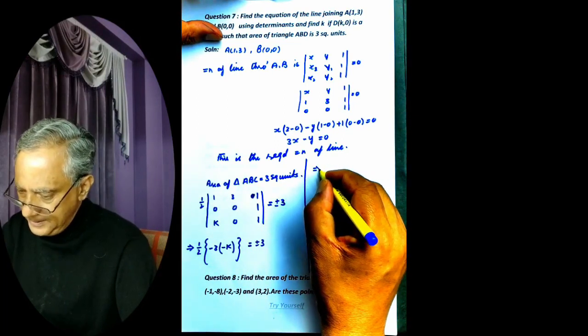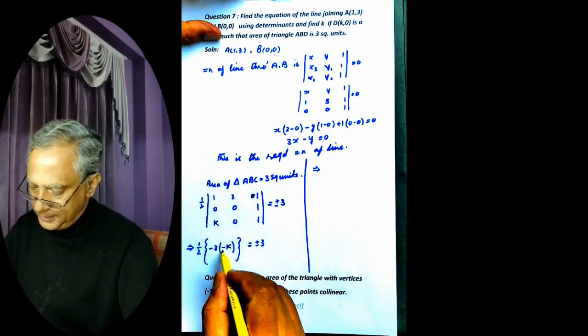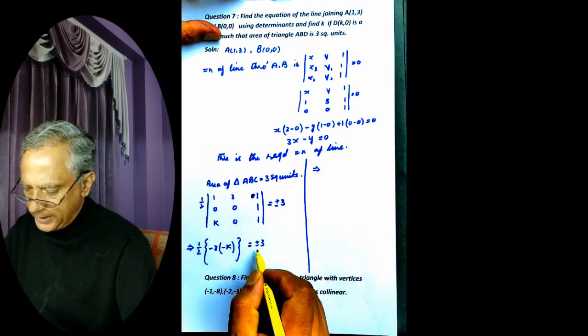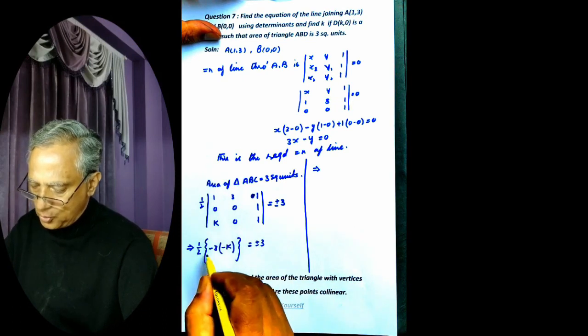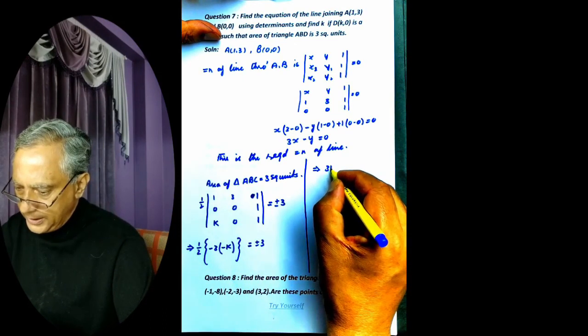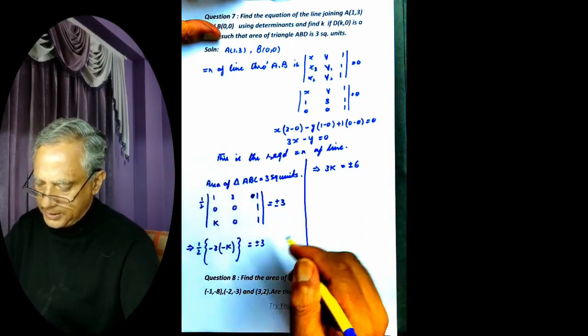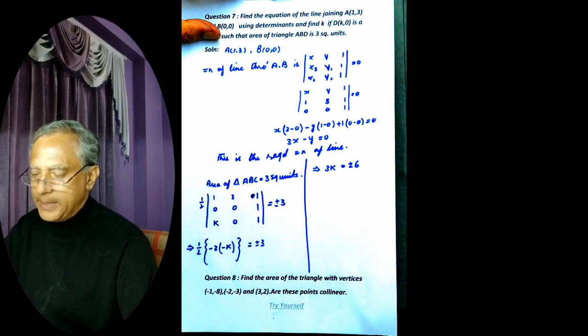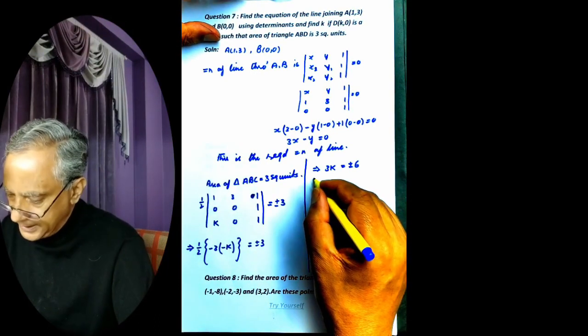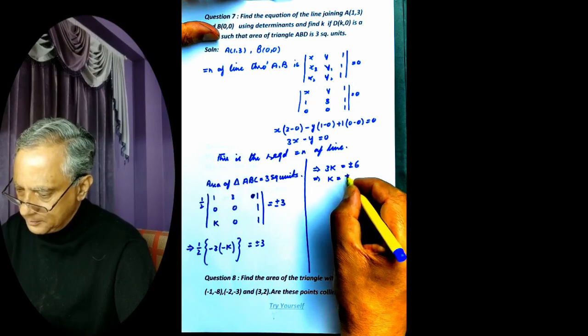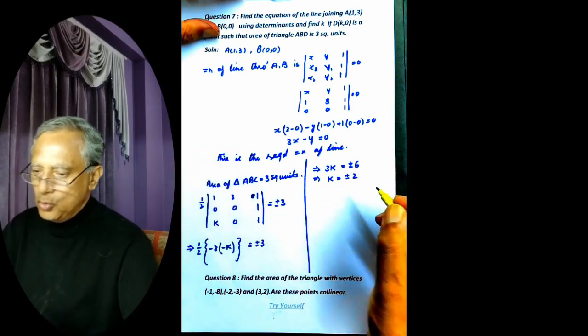So this implies this will be plus 3k by 2. So we take this 2 to the other side. So what we get is 3k is equal to plus minus 6. That is, k is equal to plus minus 2.